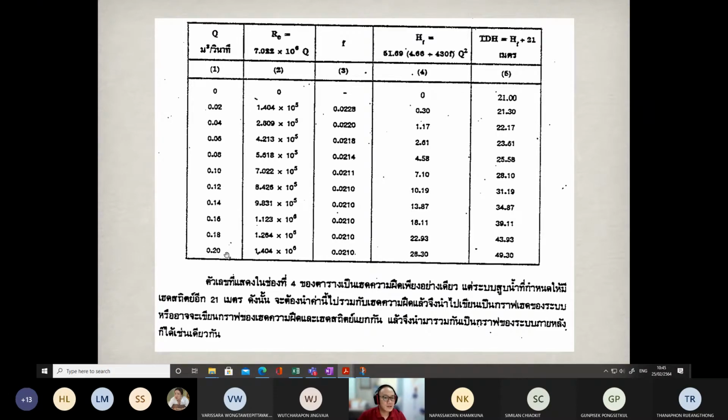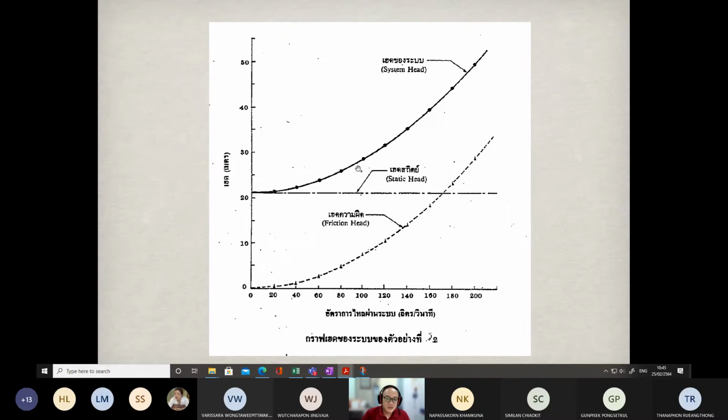If we are interested in flow rates ranging from 0 to 0.2 cubic meters per second, you just vary the flow rates in between and then determine the TDH. According to this TDH, you can establish the system head curve, which looks something like this.